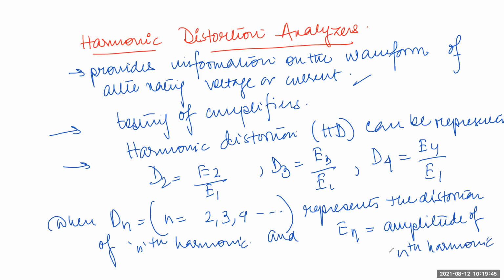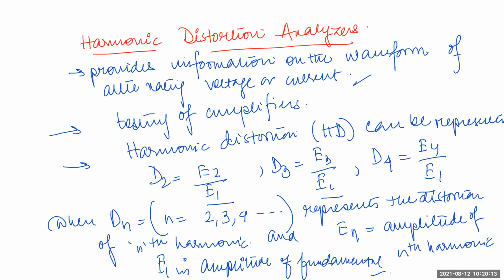Clear? This is the amplitude of the nth harmonic. And E1, which is common in all the distortion criteria, is the amplitude of the fundamental. Okay, so this is the thing.